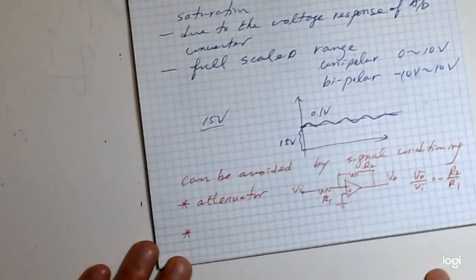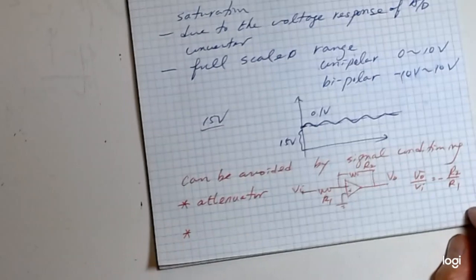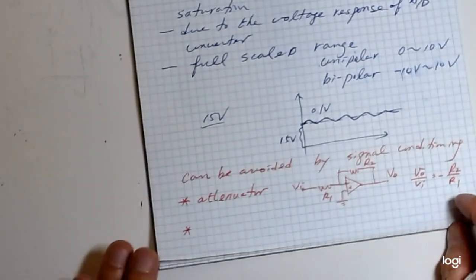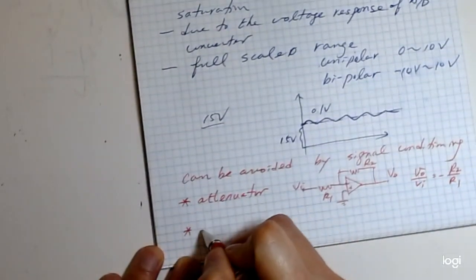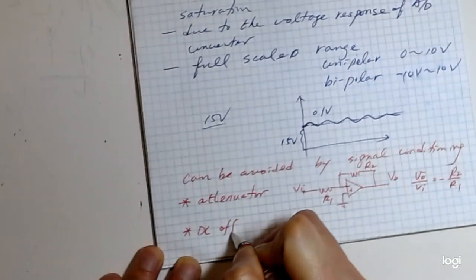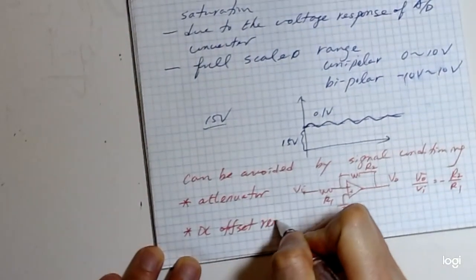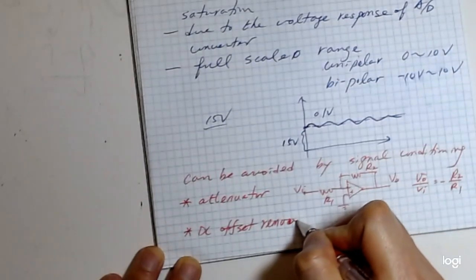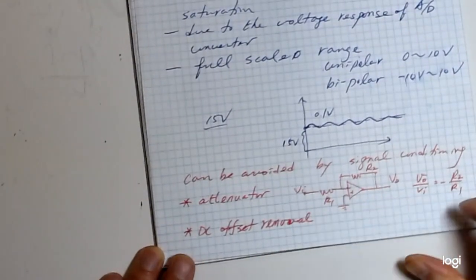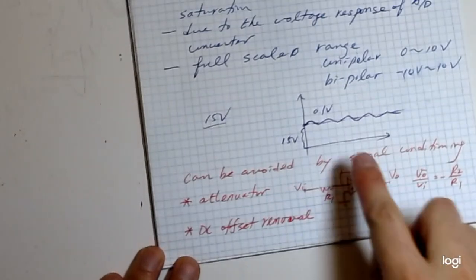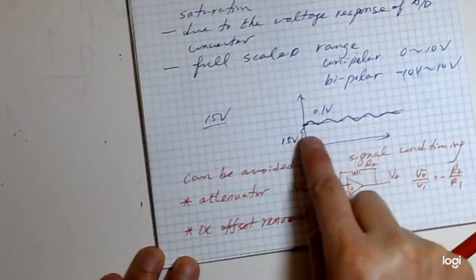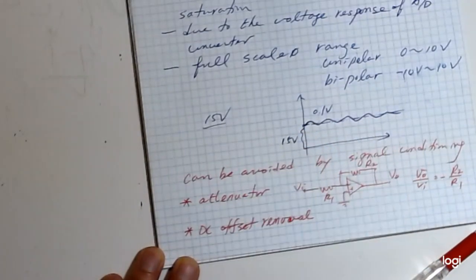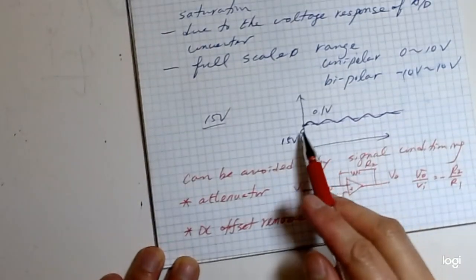The easiest way is to use what we call DC offset removal. In other words, still keep the oscillation part, but get rid of the constant part.